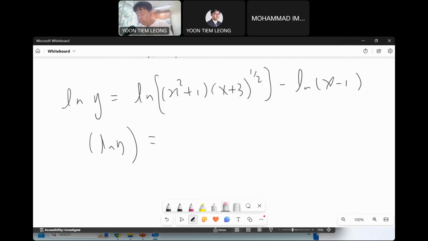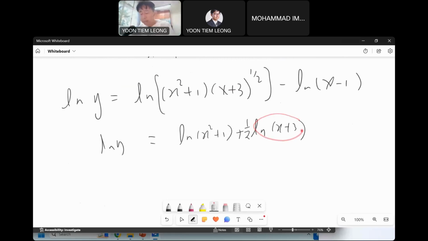You can further simplify the expression on the right-hand side by using all the rules that we have learned. So this is just the log of x squared plus 1, plus the log of x plus 3 raised to the power of half, and then you can further reduce this power term into the product of the power of half with the log term.